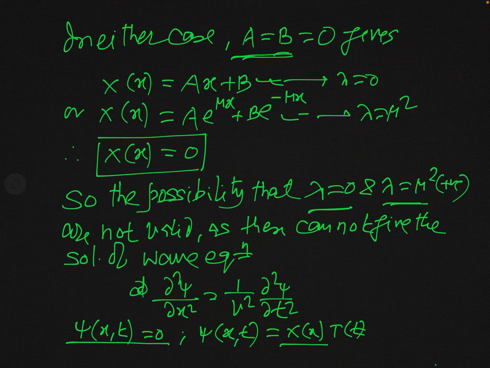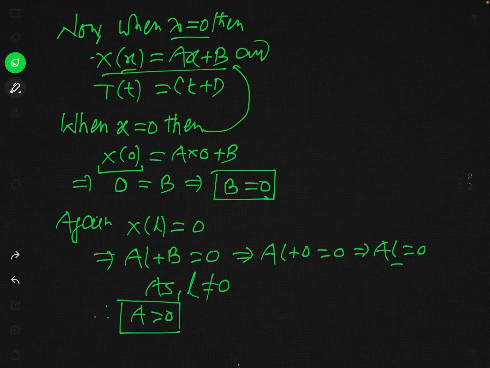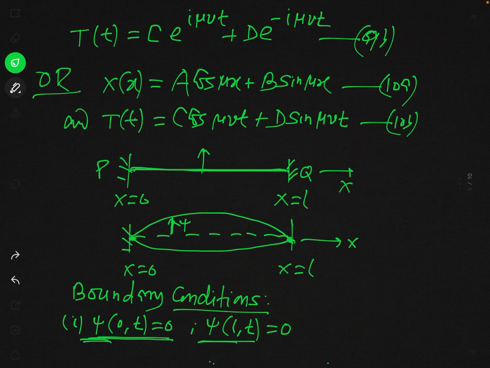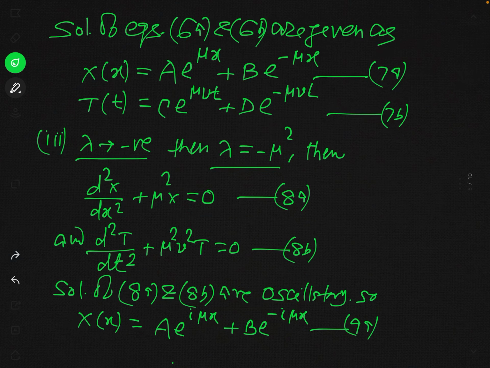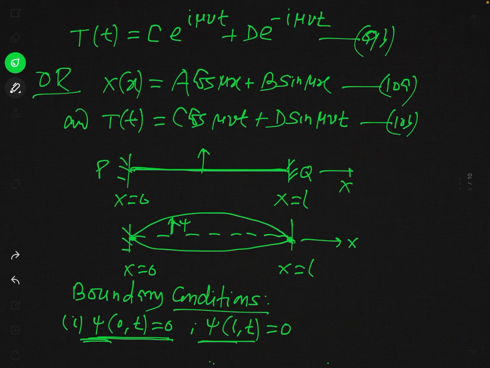So definitely if these two possibilities are not valid, then certainly the third possibility will be valid. And our third possibility is what? The third possibility is lambda equal to negative, that is minus mu square. And so definitely in this condition, the solution which we have written here will be the valid solution.